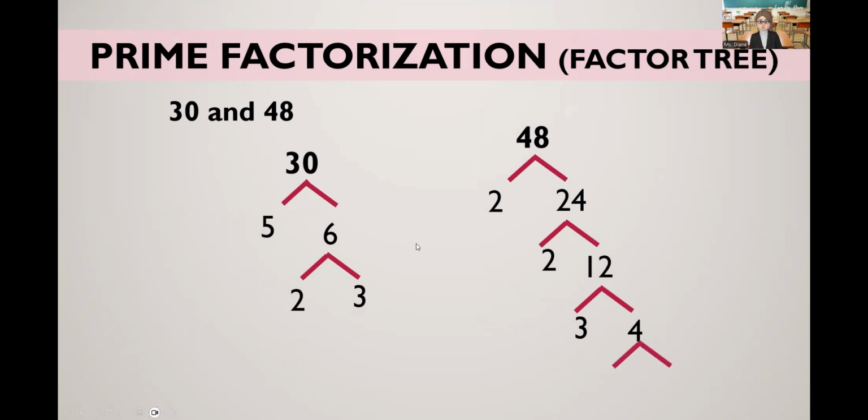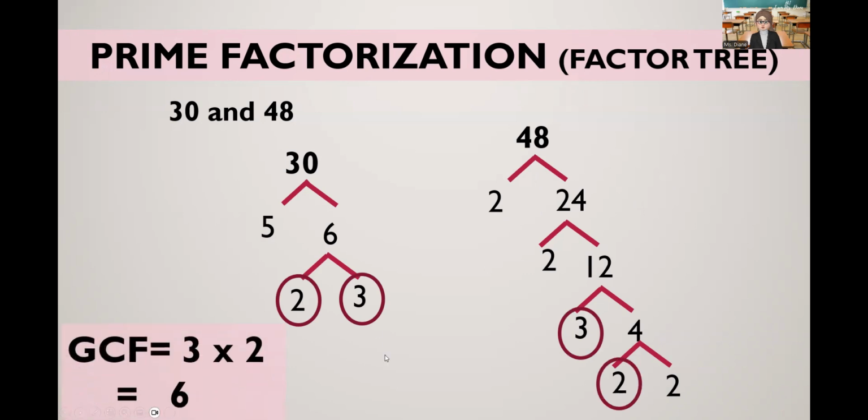The one that I used a while ago is 6 times 8. For the factors of 48 here, it is 2 times 24. So you can do this also, and then you get the prime numbers.